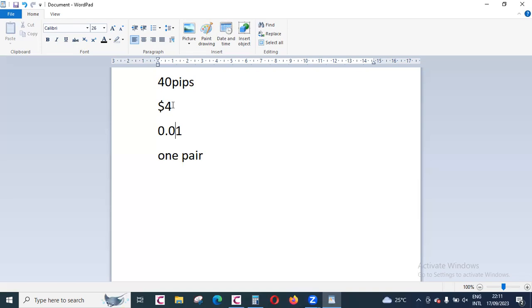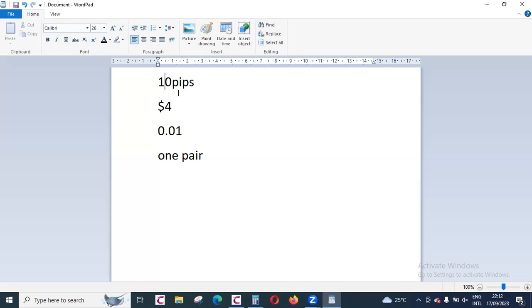If your strategy accommodates a maximum of 20 pips, you can execute 2 trades, so on each pair you would risk $2. If your strategy accommodates a maximum of 10 pips, then with your $4 you can execute 4 trades using 0.01.